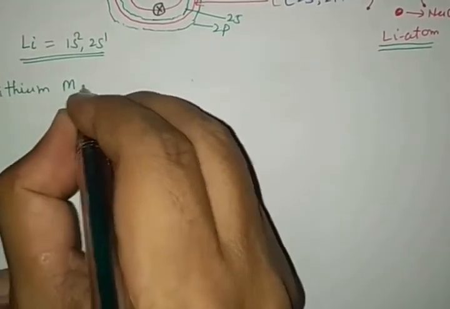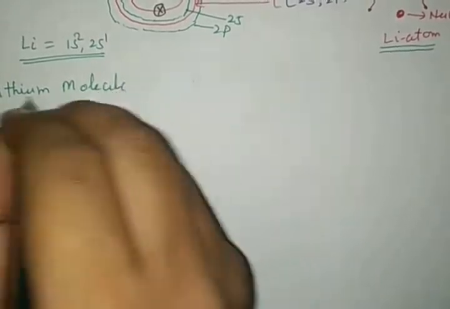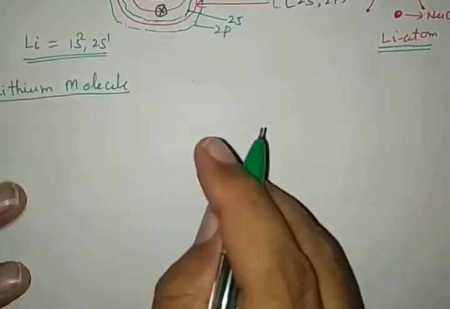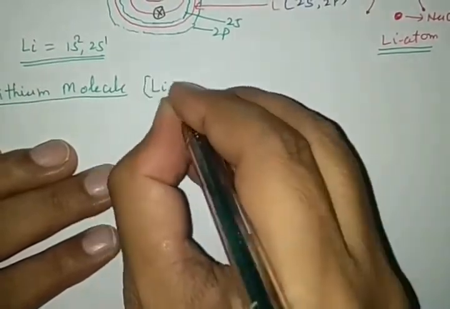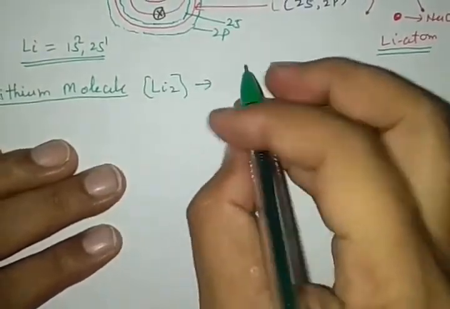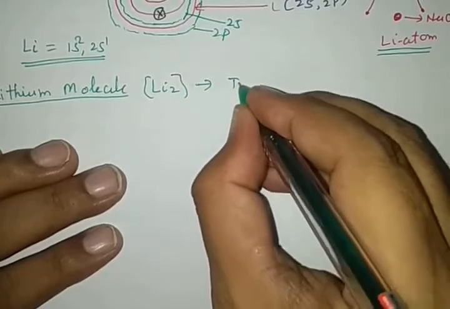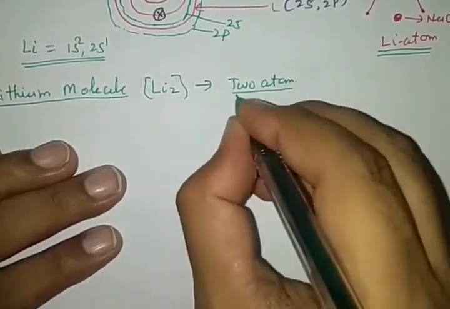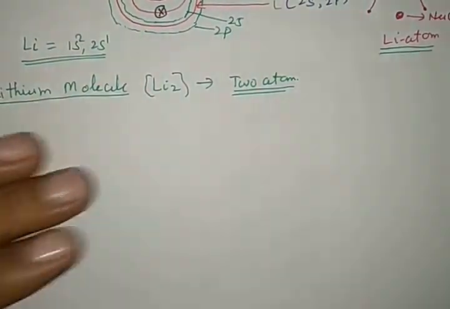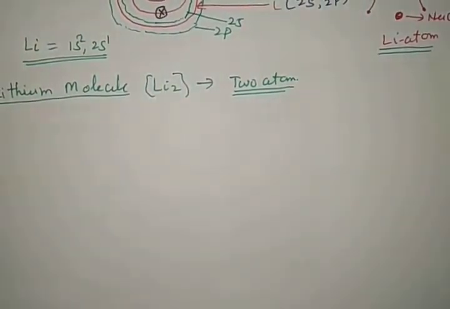Lithium molecule is Li2. What does it indicate? In a molecule there are 2 atoms. When 2 atoms come into existence, what happens in the system?